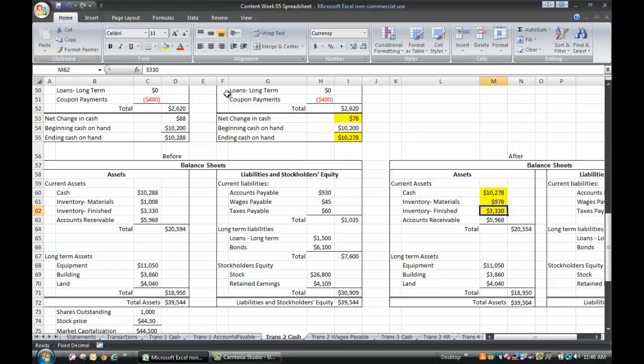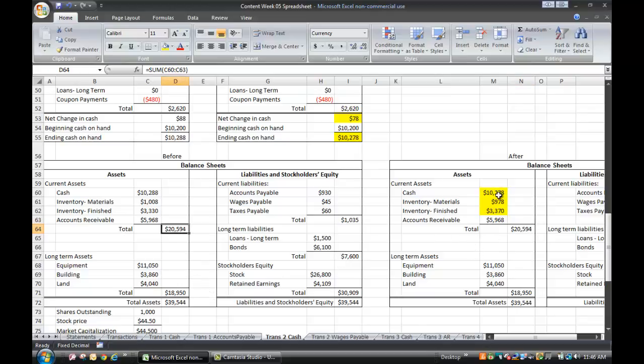The finished inventory is going to go up, as we did before, by $40. And the result is we now have $20,594 of current assets. It's the same.